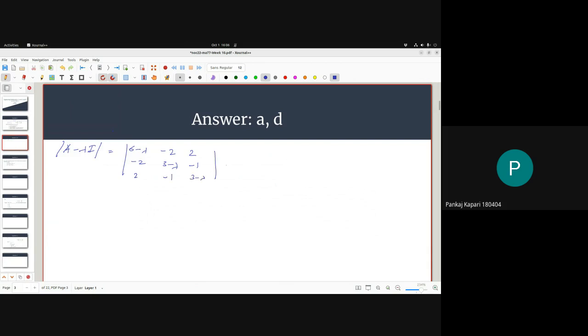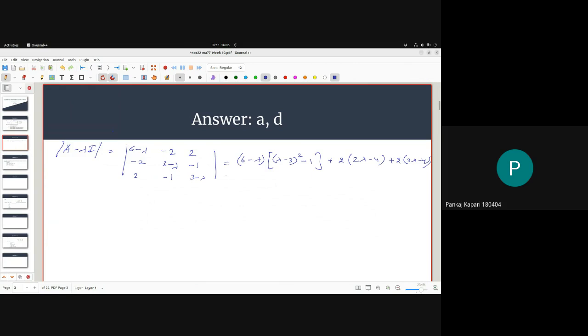We have to find its determinant. So it is 6 minus lambda times lambda minus 3 whole square plus 1, so this is minus 1, plus 2 times 2 lambda minus 4, plus 2 times 2 lambda minus 4.